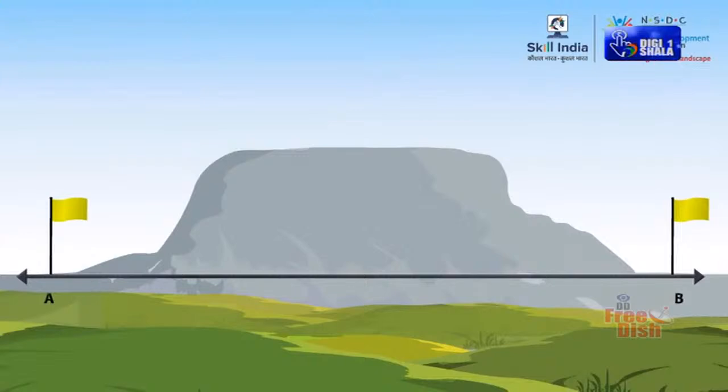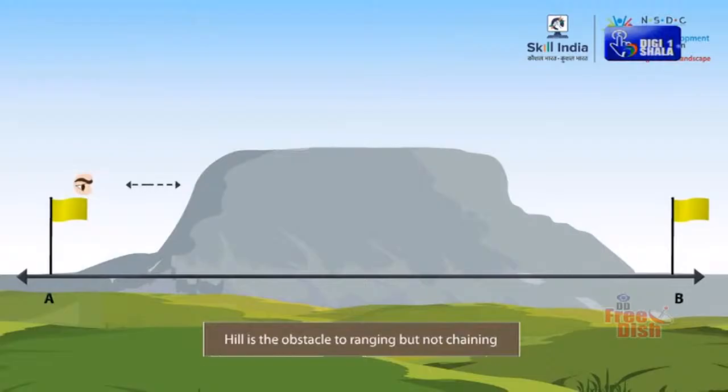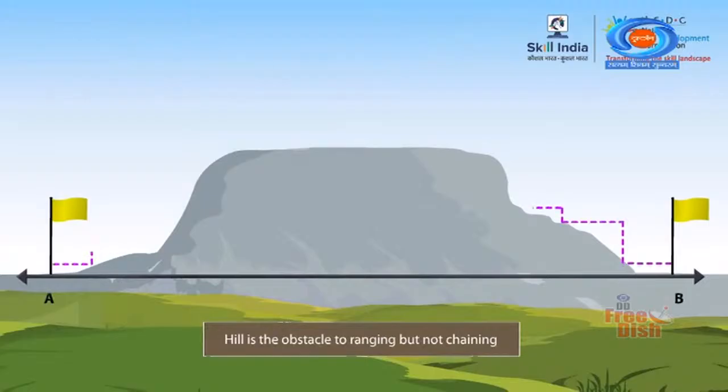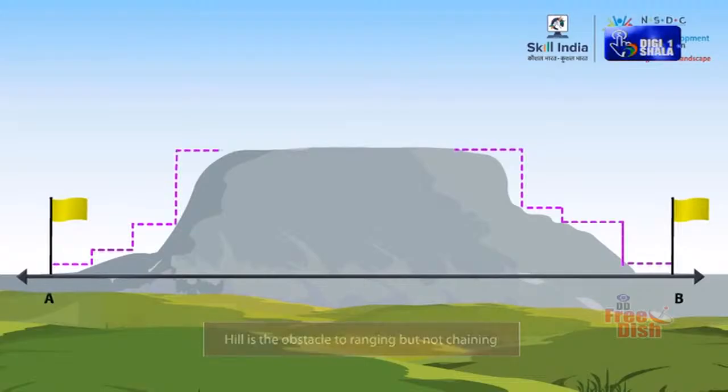Let's say you have to measure the horizontal distance between points A and B, which are separated by this hill. These stations are not intervisible because the hill is the obstacle to ranging. Note that there is no obstacle to chaining, as you can carry out stepping on the slopes of the hill.